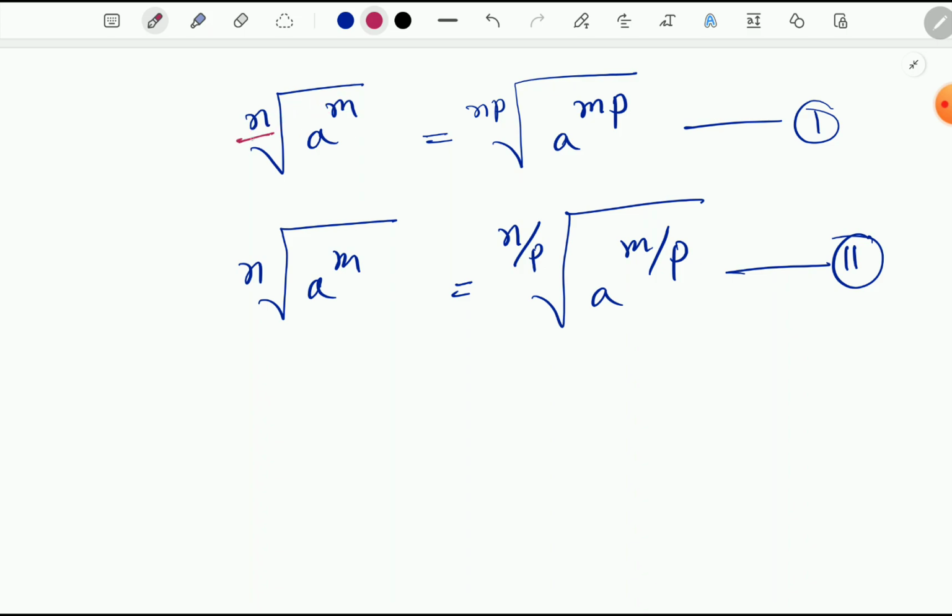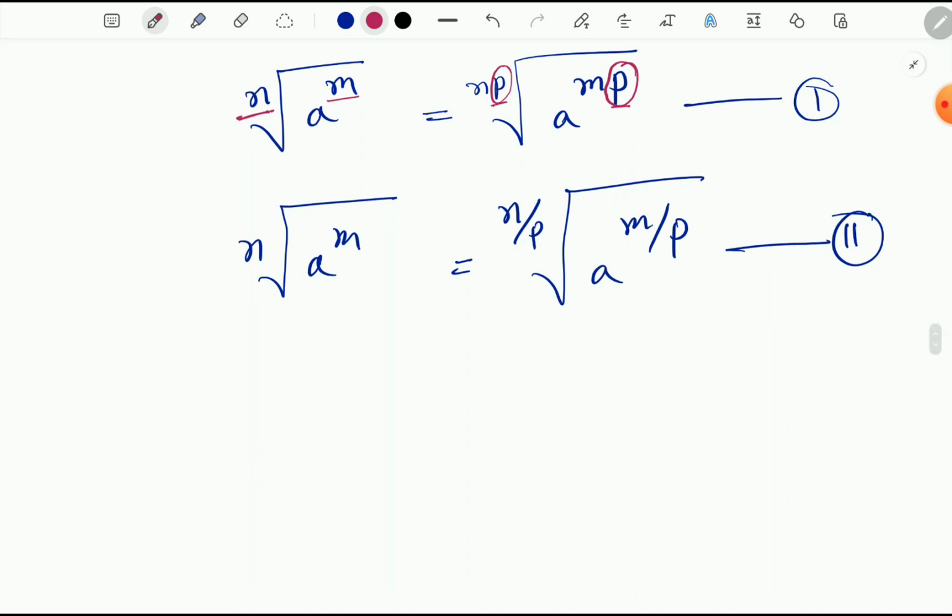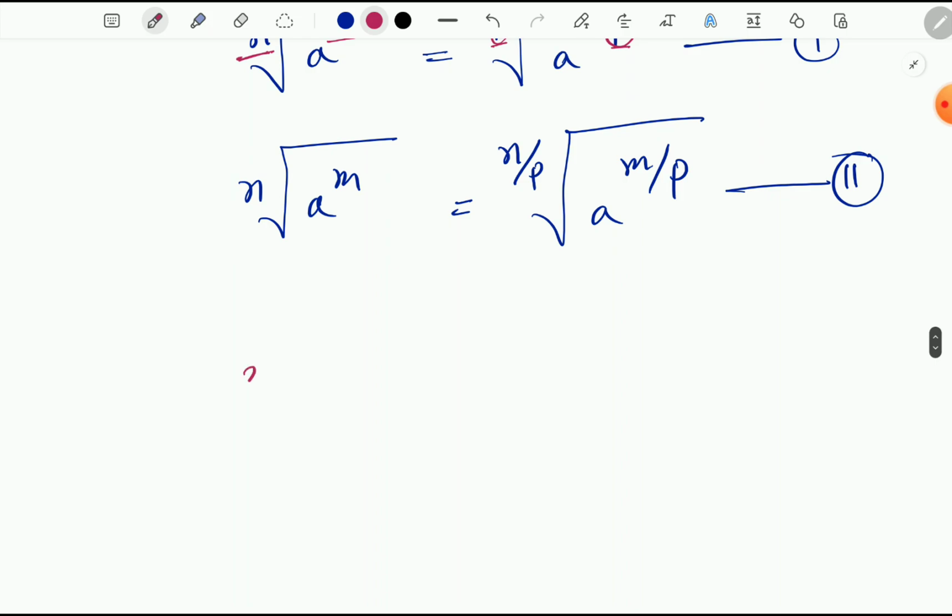What we did, we just multiply a extra factor p as a power of a and with n. So if we can do that, if we can multiply this way, this will not change the total or ultimate results. So remember, we can do that. Let's say square root of 3 power 27.